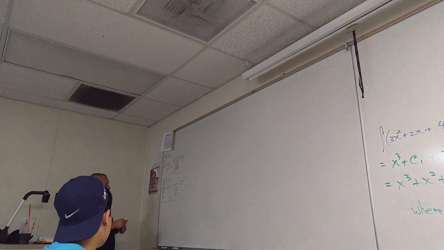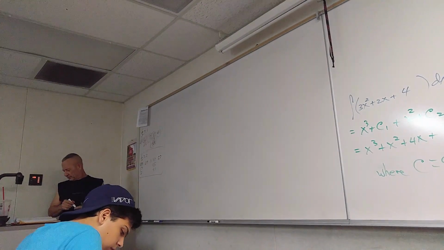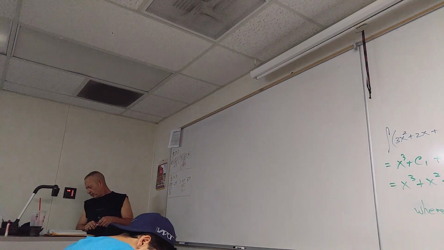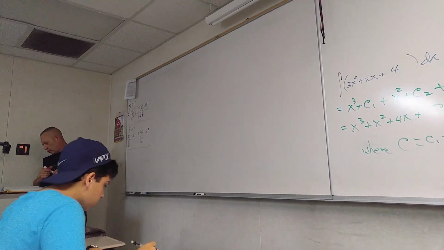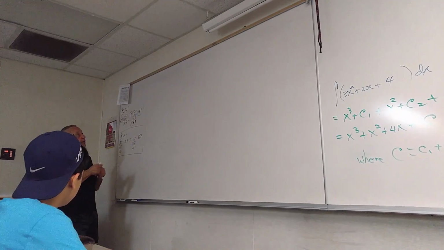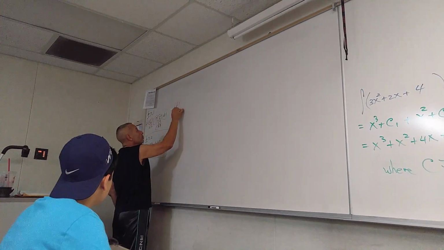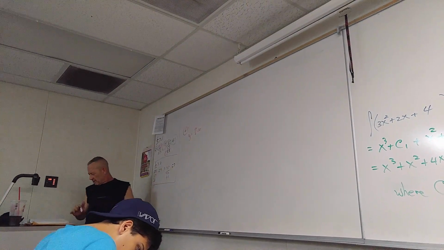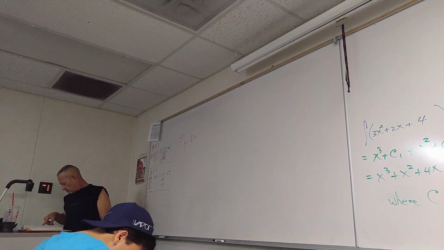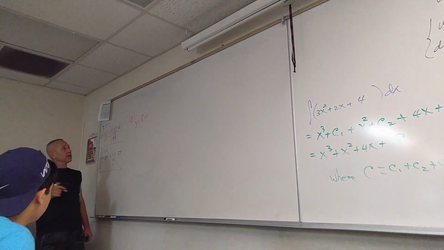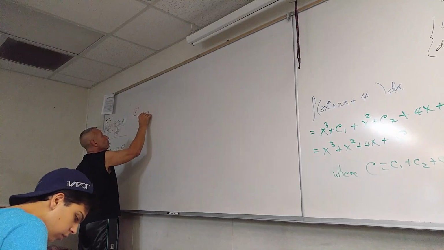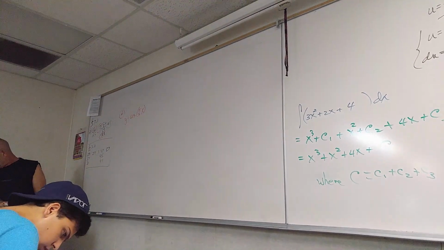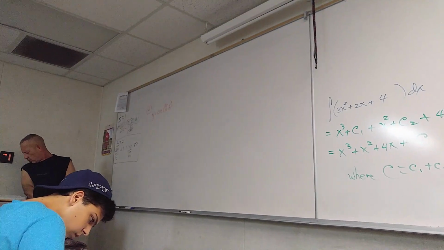All right. So we're up to 61. And 61, they want us to use the shell method. So one of our functions is the cosine of pi over 2x. And then we also have y equals 0.